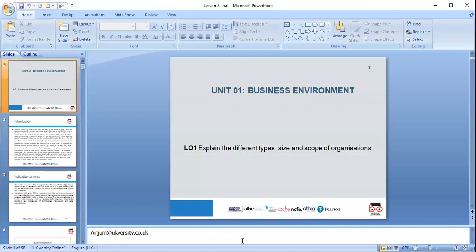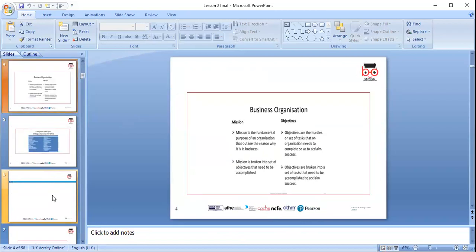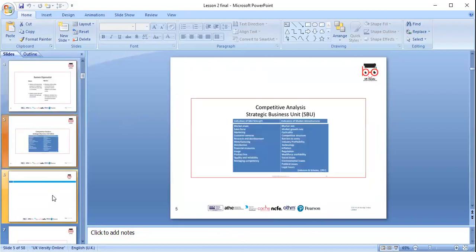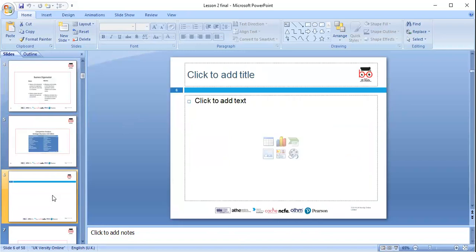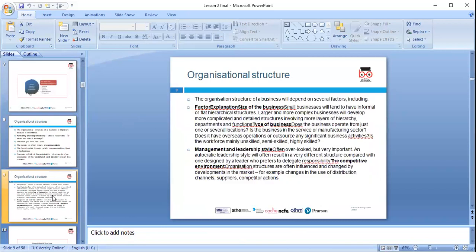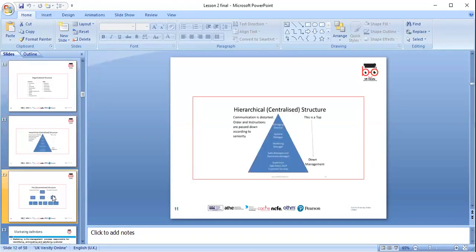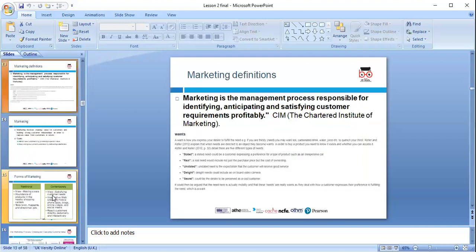In lesson 2, we discussed different sizes and types of organizations, and we went through different functions of an organization. We discussed SBU, strategic business unit, and we had a discussion about organization structure, flat and tall structures.